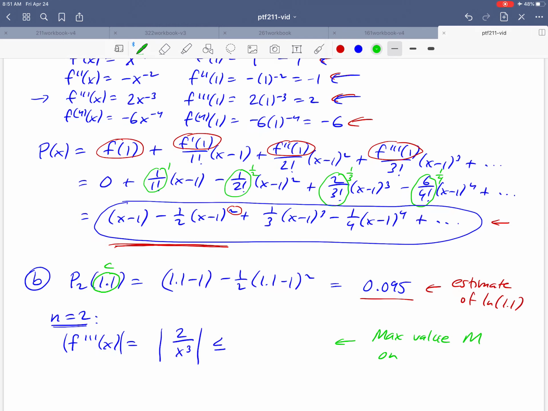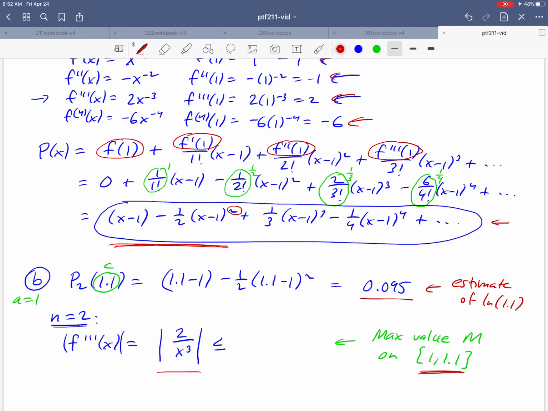I'm going to remind you what those two numbers were. c is just the number that we're plugging in. That's where we're doing the approximation. And a was given to us in the problem. a was equal to 1. You can look back at the top of the page and check on that. So we're asking, what's the biggest that 2 over x cubed could be if we look at x values between a and c, 1 and 1.1. If you look at this fraction, 2 over x cubed, where would that fraction be the biggest?